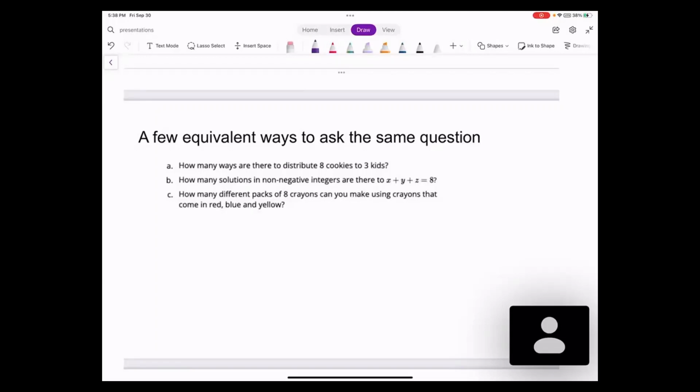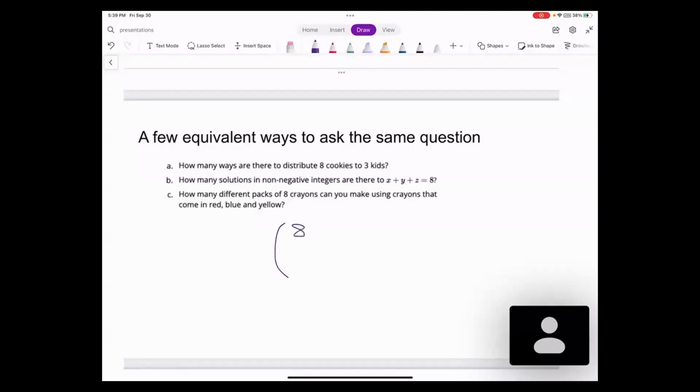And this third example appears slightly different. We ask how many different packs of 8 crayons can you make using 3 different types of crayons. However, we can think about this the same way by considering how we can distribute 8 crayons into 3 colored bins.